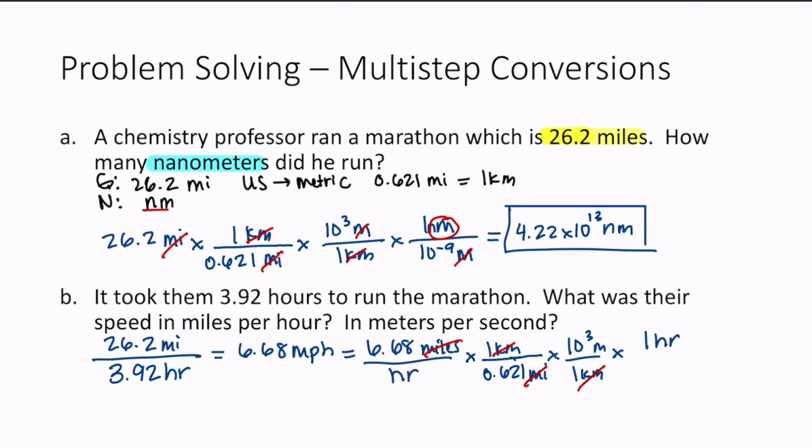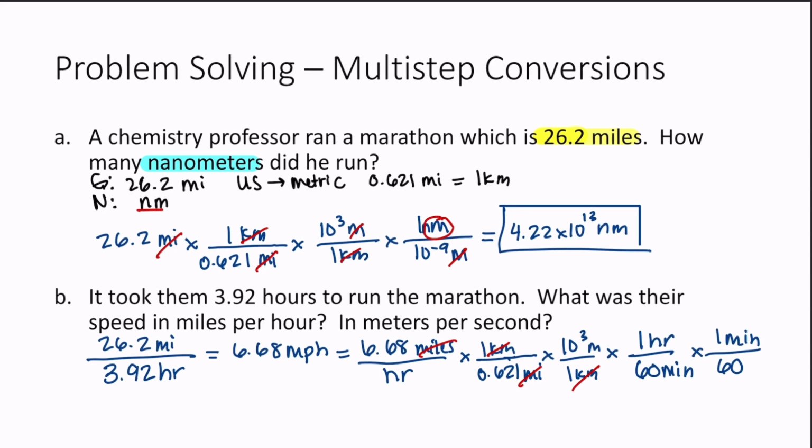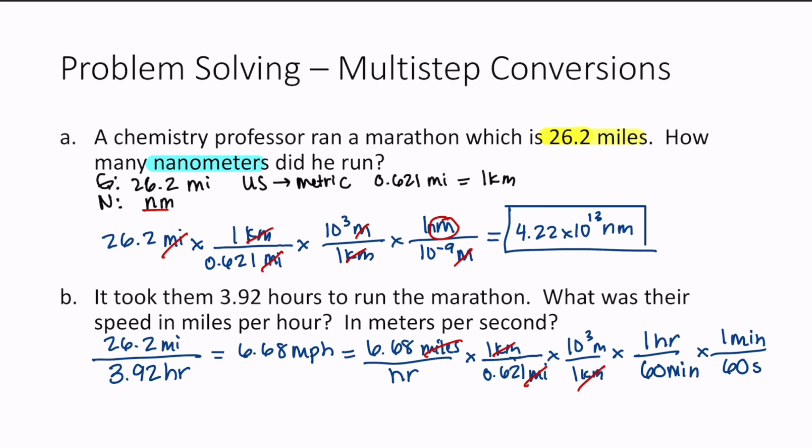So in 1 hour, I know there are 60 minutes, and I know that there are 60 seconds in 1 minute. So notice my hours cancel out, minutes cancel out, and the units I'm left with are meters per second, which is good because that is what I'm trying to solve for.